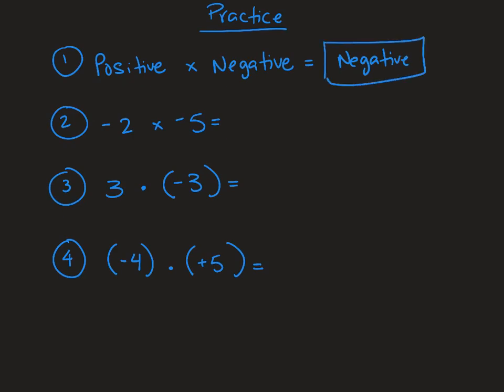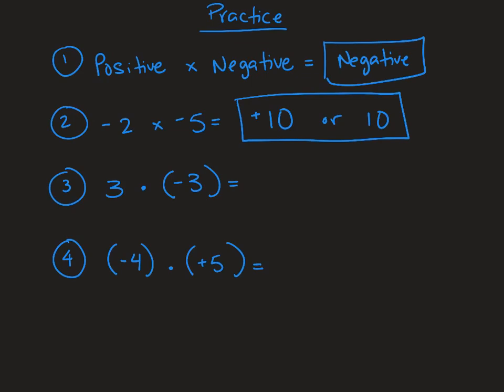Okay, for number 2, what do you get when you multiply negative 2 times negative 5? Moderators, let me know, please, because otherwise I don't know. Yeah, the 2 possible answers are positive 10, or you can just write 10.